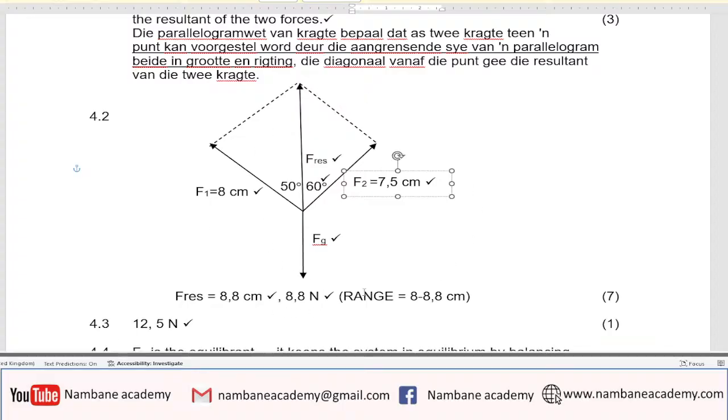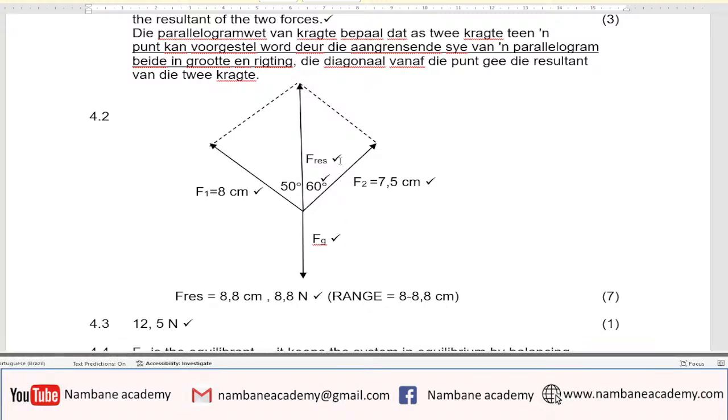I think the 8.8 centimeter from the resultant is unnecessary. As long as they've stated it in newton, it's fine, which they've also constructed.